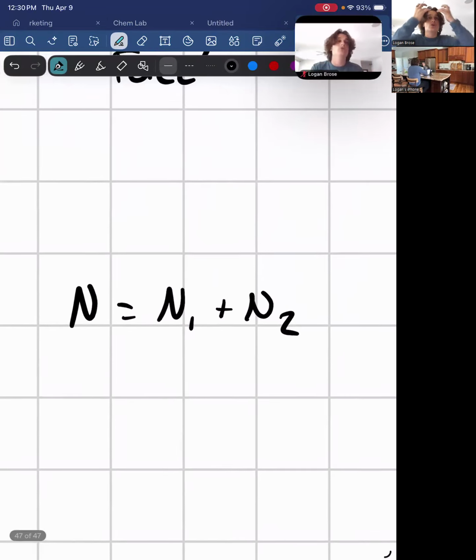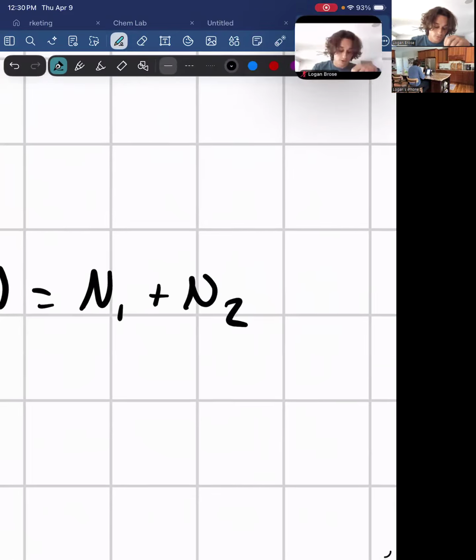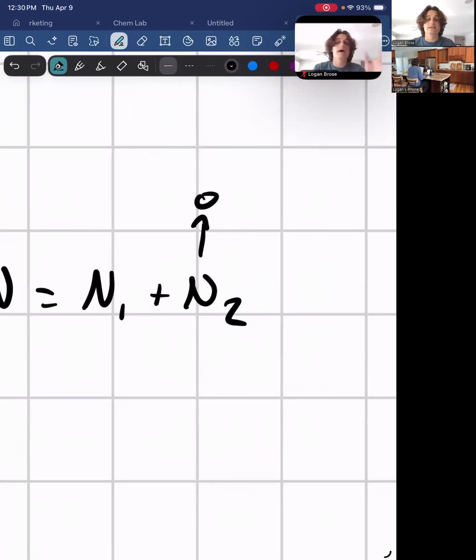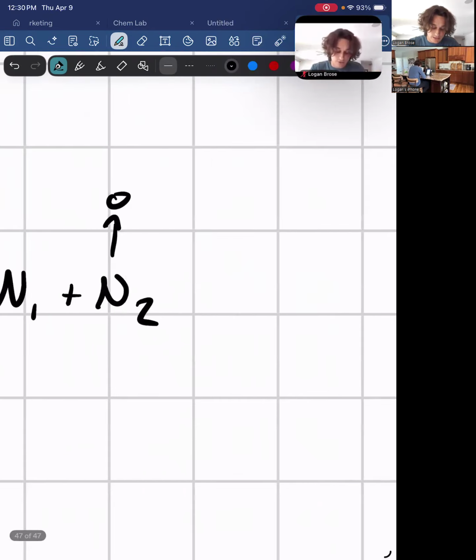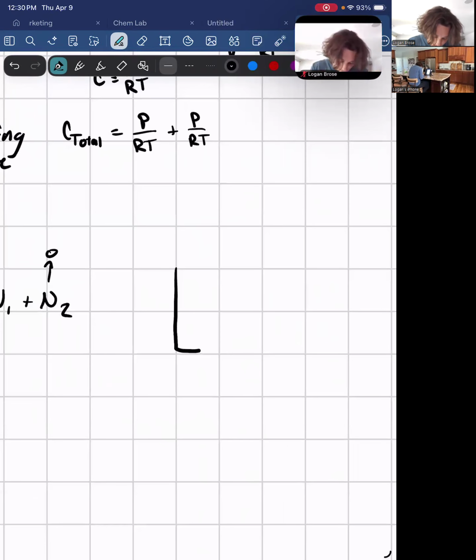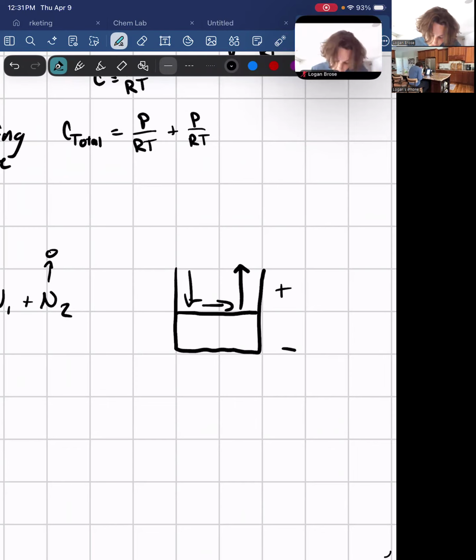So our total flux is 0, but it is in the positive direction because we are exerting the force against it. If we're looking at a cup here, our water diffuses up, so we have our positive flux, but our nitrogen can't go anywhere. So it equals 0, but it is still positive.